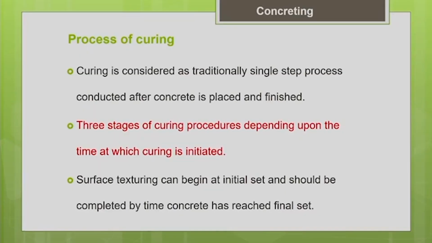Very commonly we do the curing operation after the finishing of the concrete. Mostly after the concrete attains its final set, we start applying water to the concrete for curing. This is a traditional method. But nowadays we do the curing also in stages. I will tell you why we do it in stages later.